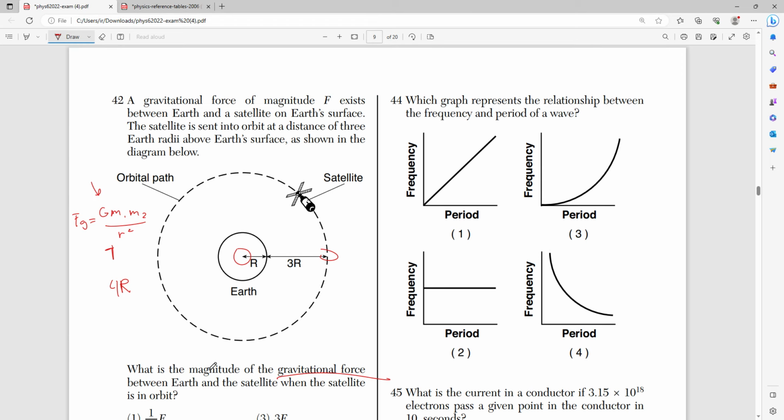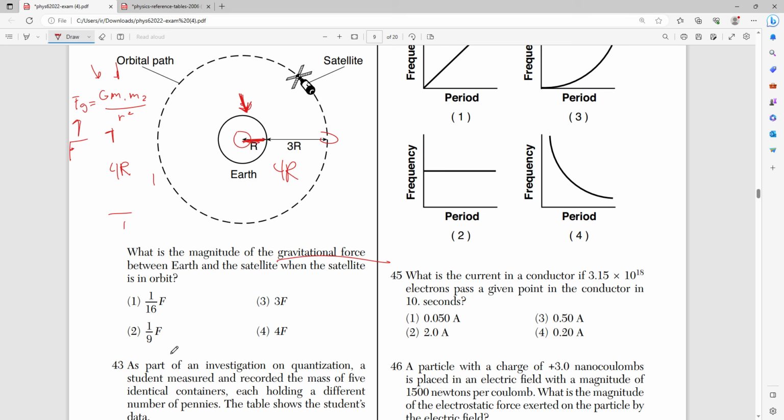And right here, it's saying that a gravitational force of magnitude F exists between the satellite and the Earth on the Earth's surface. So when r is equal to 1r, 1 squared is 1, and Fg is equal to F, when our denominator is equal to 1. If the distance is now 4r, or 4 times greater, what is that F?